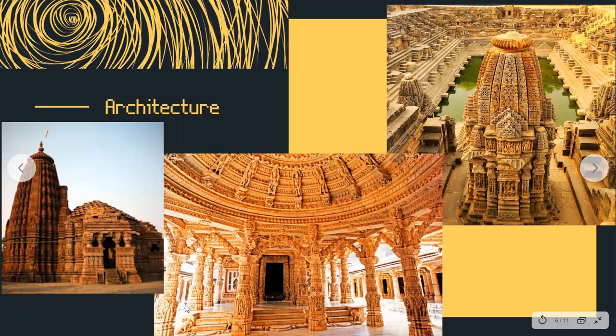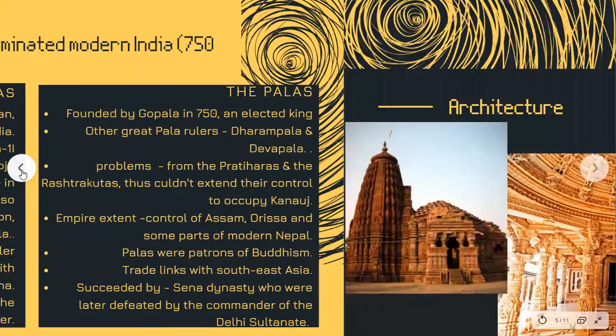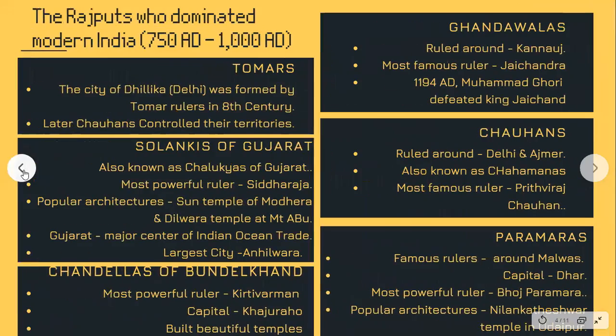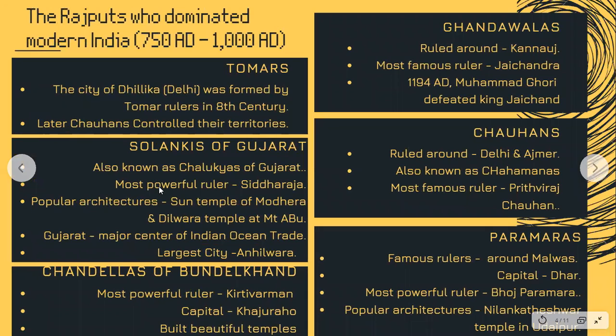And this is the Dilwara Temple of Abu. So you see how beautiful this is, absolutely beautiful, the details, and this is way back in the 8th century, right? And absolutely beautiful architecture we have from this particular period, right? So yeah, that's by Solankis of Gujarat, right?